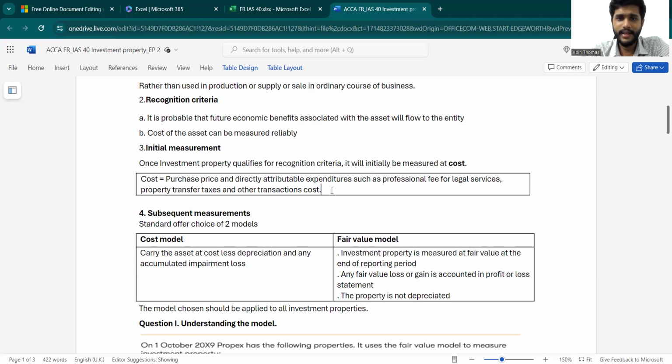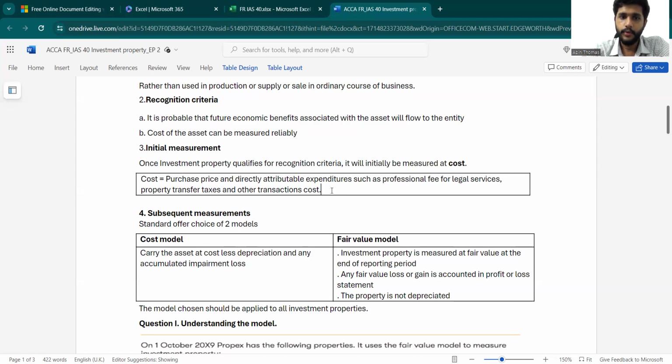So all this directly incurred expenditure can also be added to the value of our land or building, the purchase price of the land.